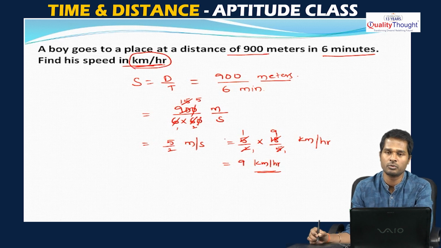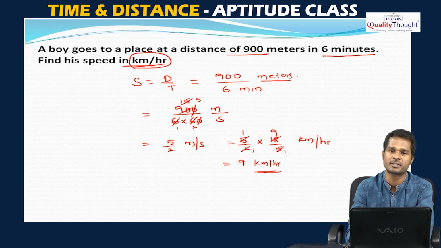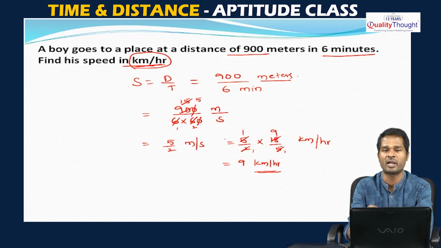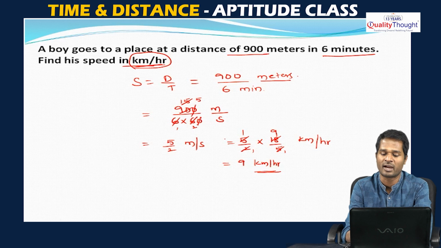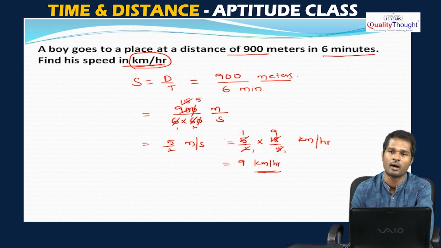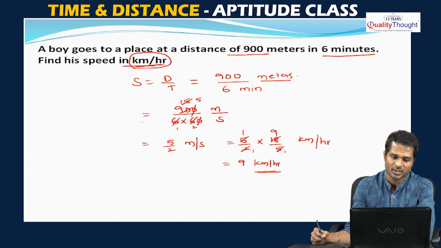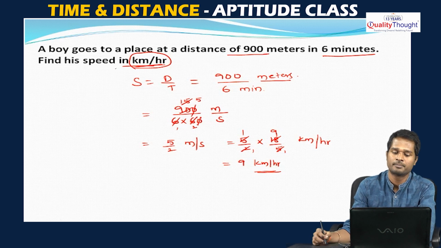So 5 by 2 into 18 by 5, 5 will cancel, and we get 9 kilometers per hour. This is how we convert the speed from meters per second to kilometers per hour.